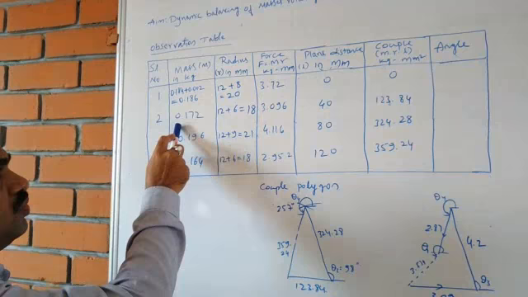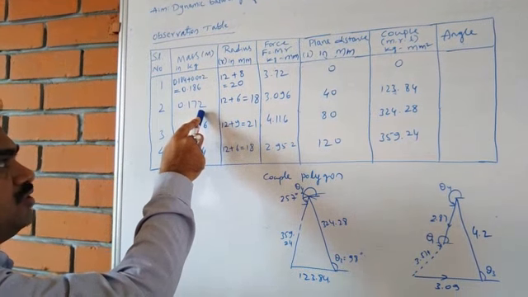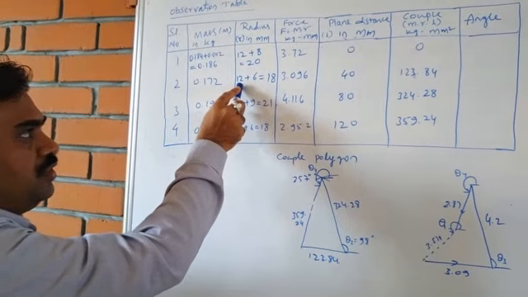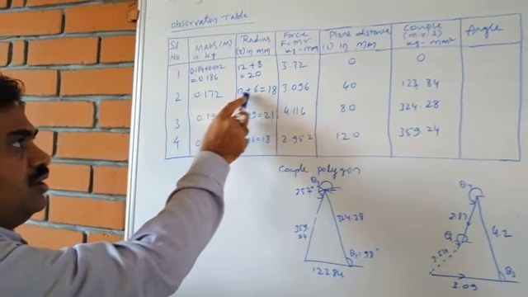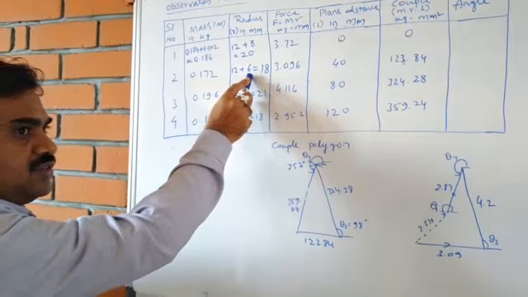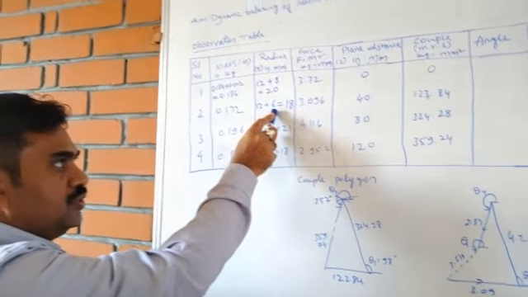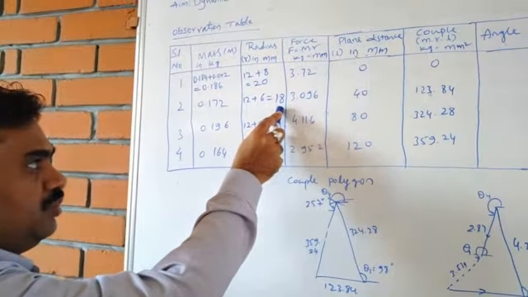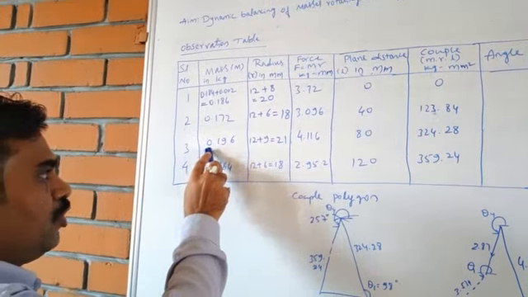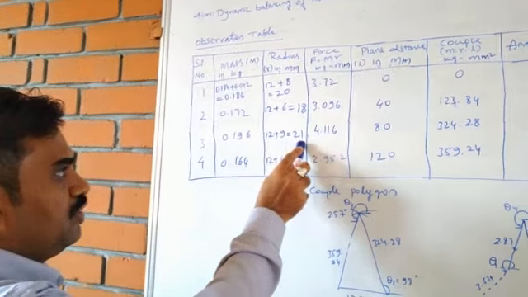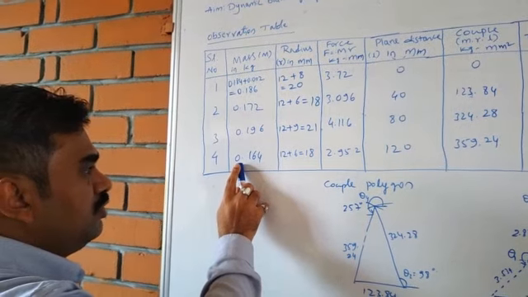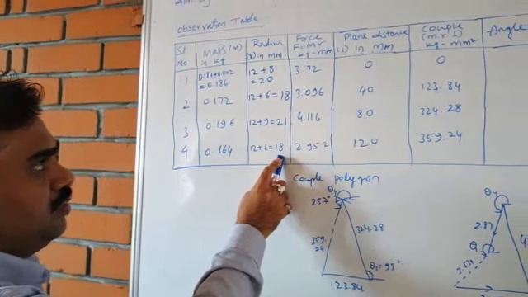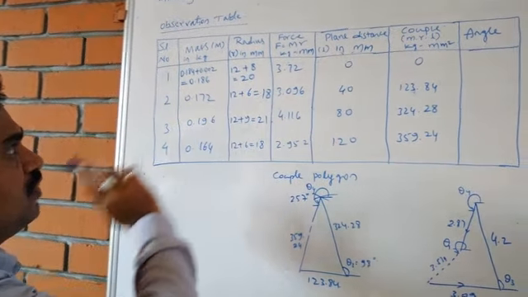Similarly for 0.172 kg, we have shaft radius 12 plus thread distance from CG to the tip of the slot, which is 6, both together 18 mm. Similarly for 0.196 kg we have 21 mm. Similarly for 0.164 kg we have 18 mm. So this is the value of r.